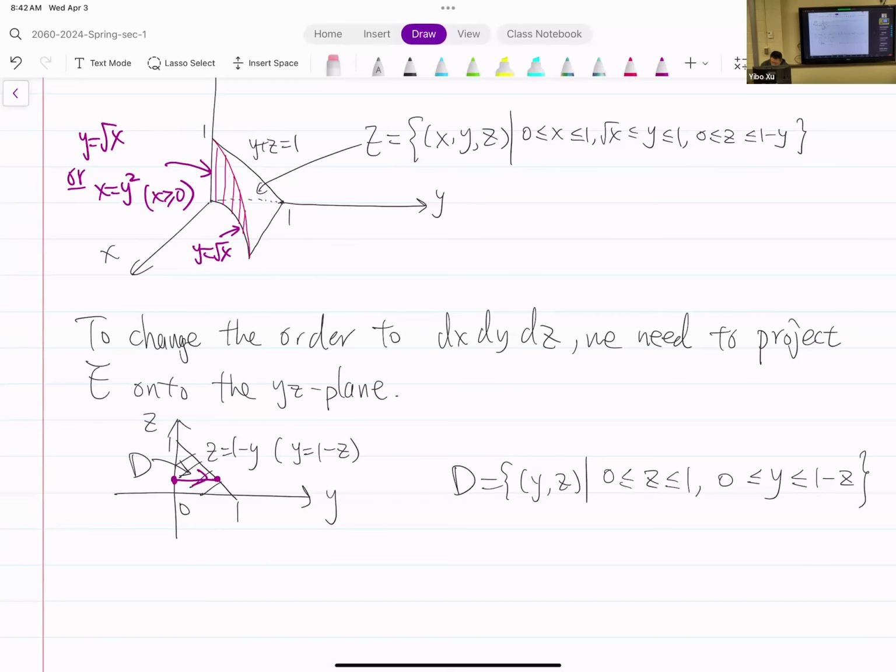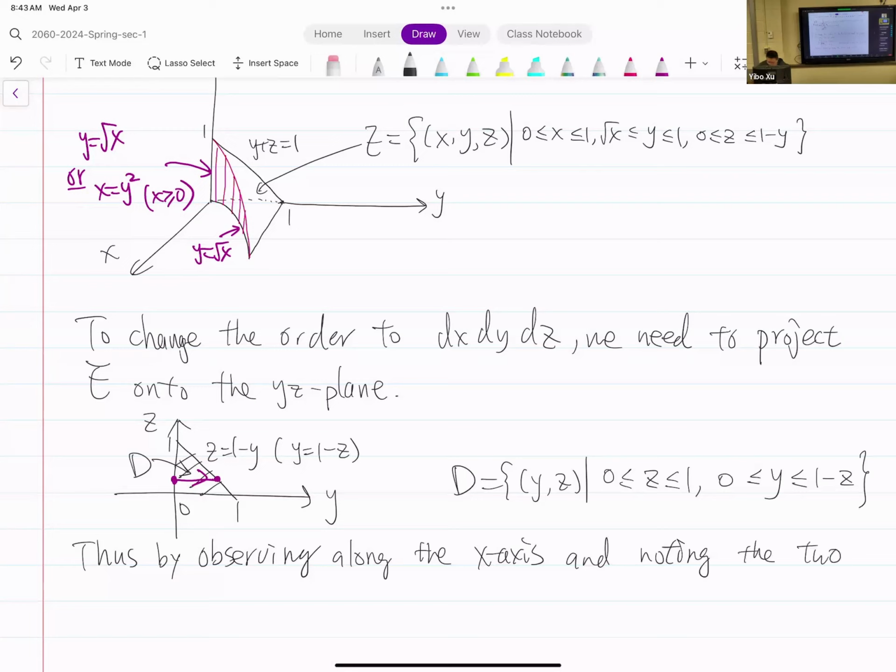Thus, by observing along the x-axis and noting the two surfaces x equals 0 and x equals y squared as the bounds.